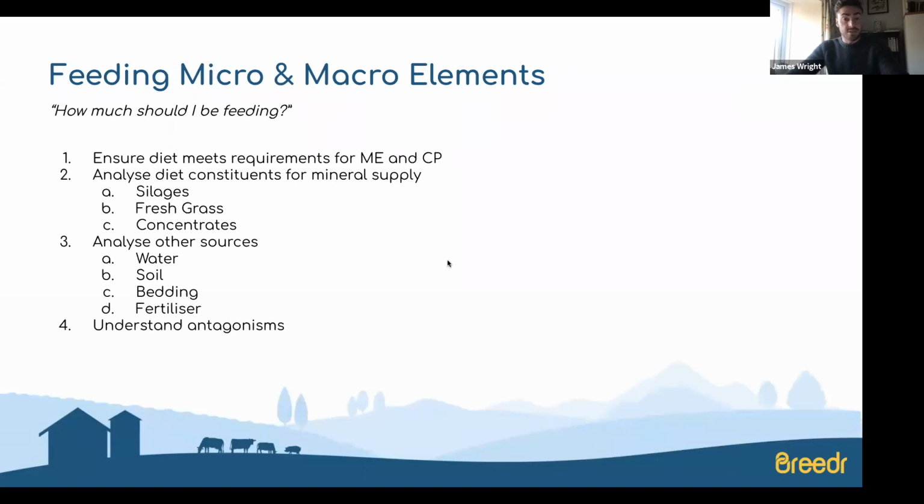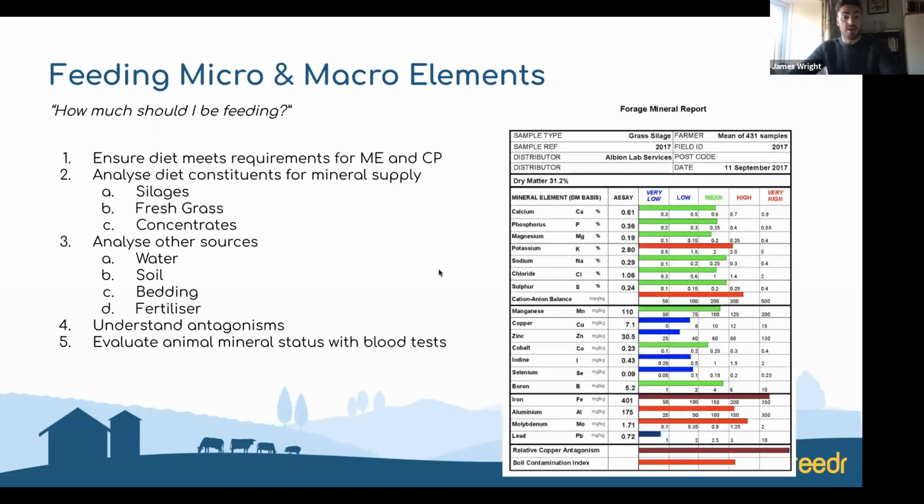Understanding those antagonisms, so just having an understanding and awareness of what they are and how they interact, is really important. And then you can also evaluate, if you think that you have a problem on farm, you can take blood tests, get the vet involved and actually analyze some animals and see what is circulating or not circulating in the blood.